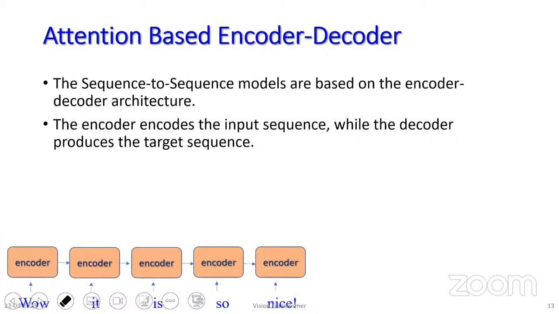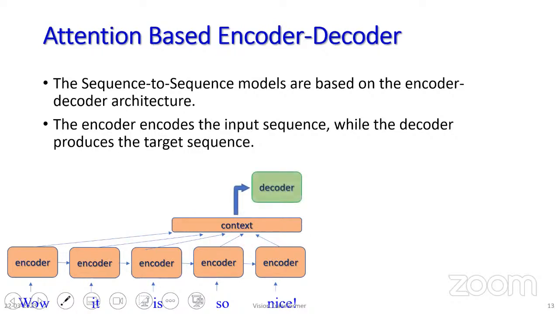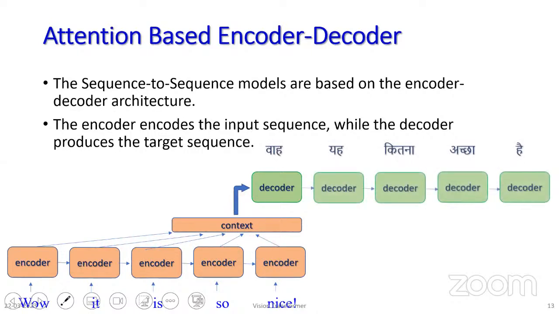Each encoder unit will be producing a hidden state, as you can see here, and that is also being captured by the context vector, from the first to the last. Then this context vector, enriched with the individual hidden information with certain weightage given to each individual hidden state, passes the information to the decoder unit.